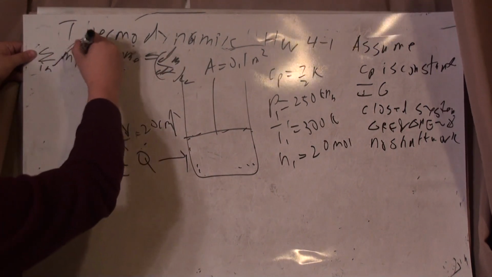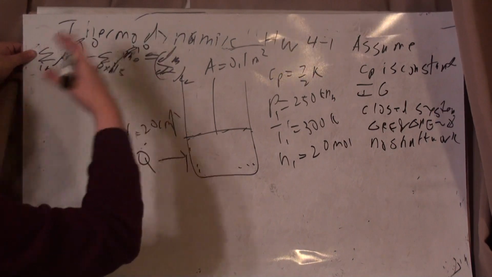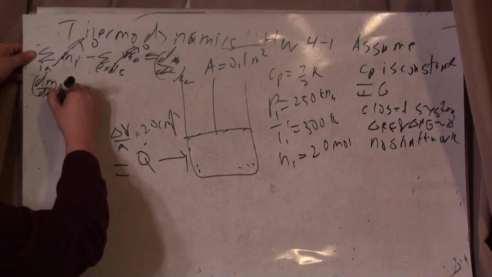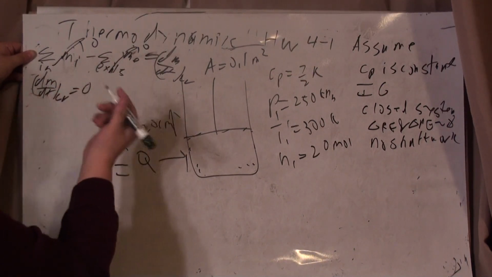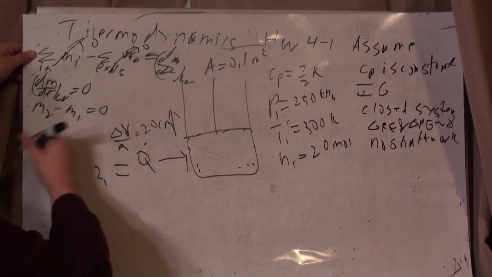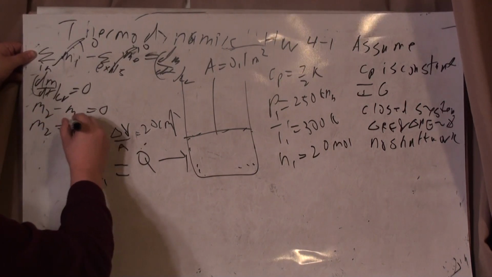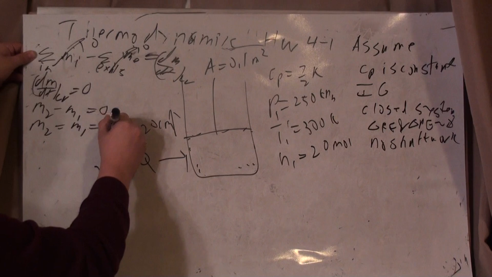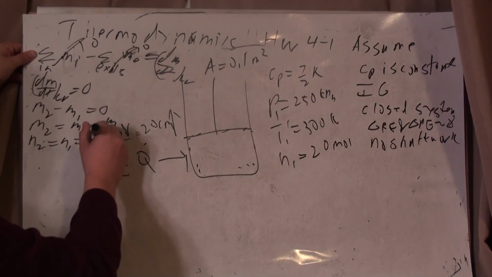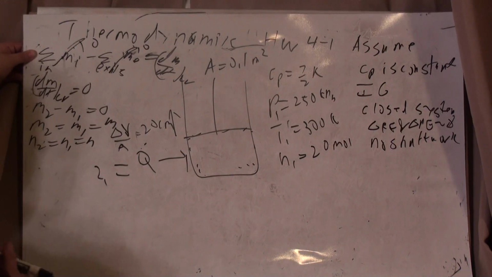There's no ins and no outs because I'm a closed system, so dm/dt of the control volume equals 0. I do some integration, I've got m2 minus m1 equals 0, so m2 equals m1, which is going to equal m. Same thing with moles because I don't have any reactions.